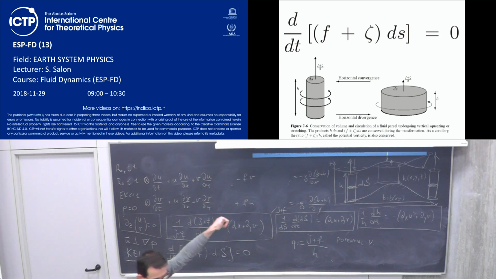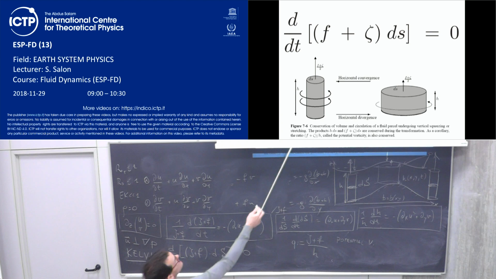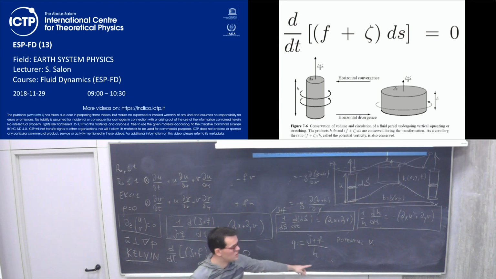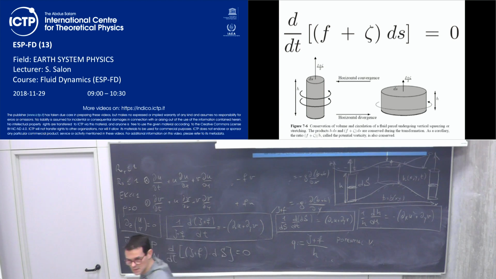Okay? So we have relative vorticity, zeta, ambient vorticity, F, and then potential vorticity, which is the total vorticity, zeta plus F, divided by H. So potential vorticity is a quantity of the fluid which is conserved.